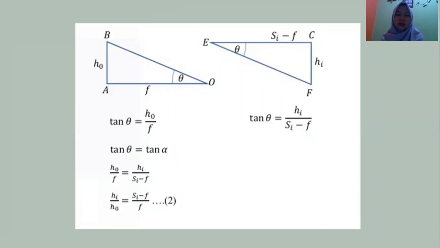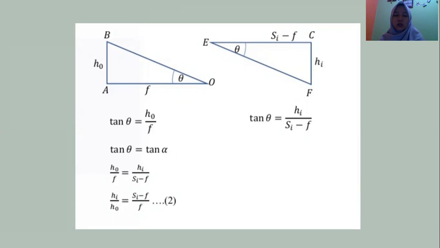Next, here there is the second formula. Tan theta equals HO divided by F, and tan theta equals tan alpha, because the two are the same tan.